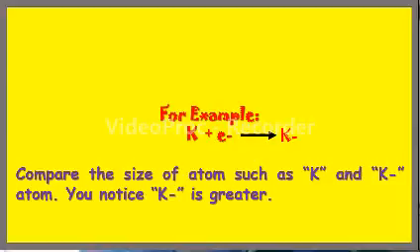When the shell is slightly repelled, the size of the atom increases. The incoming electron is repelled by the electrons already present in the shell of the potassium atom, so the potassium anion's size increases.